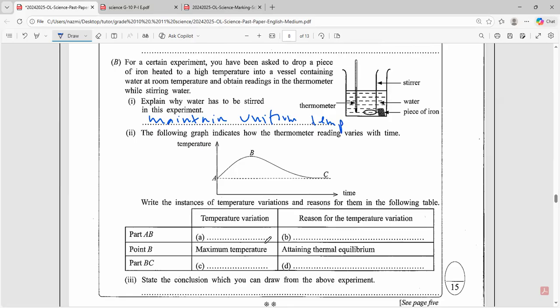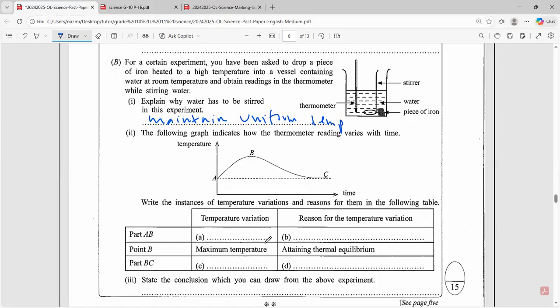To maintain uniform or constant temperature, we are doing that, for 1 mark. Roman number 2, the following graph indicates how thermometer readings vary with time. Now part AB, what is the temperature variation? The temperature is increasing. 1 mark for that.